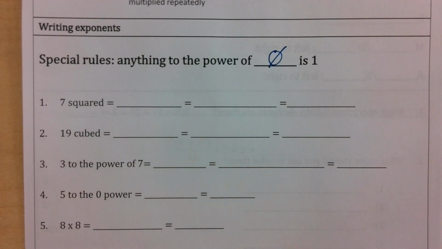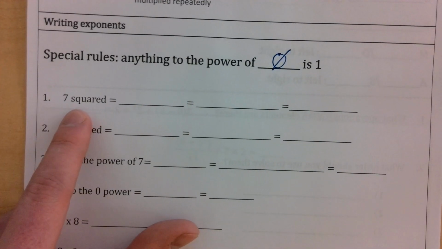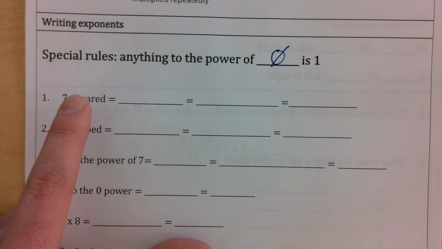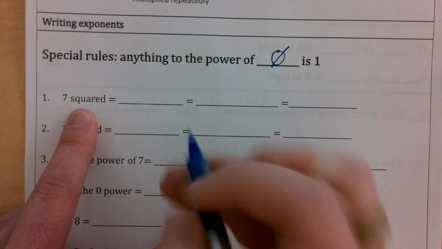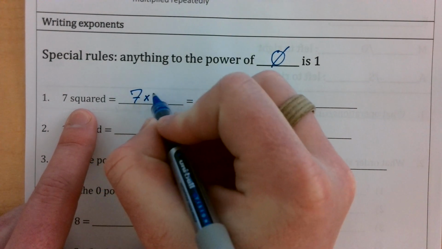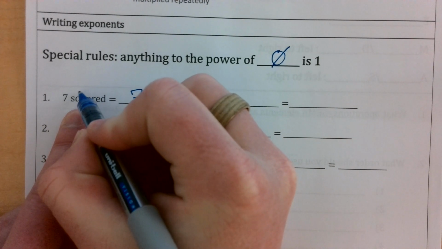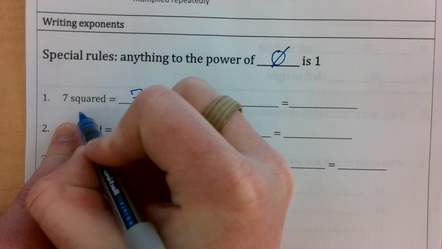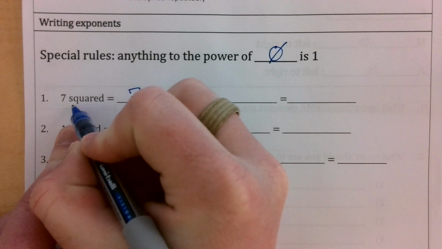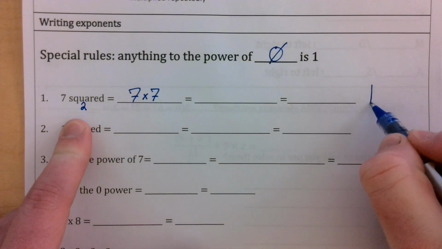All right, so there are some words we use to refer to powers. One of the most common ones is squared. 7 squared really just means that we're going to take 7 and multiply it times 7. Squared just means that there is a power of 2. Think about a square.